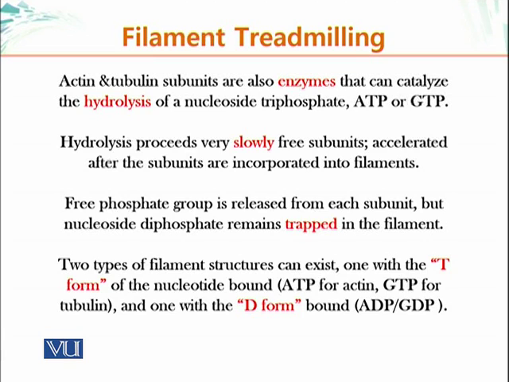A free phosphate group is released from each subunit, but the nucleotide diphosphate remains trapped in the filament. So if we are talking about actin, ATP will be hydrolyzed and a phosphate group will be released, but the ADP will still be part of the actin filament.